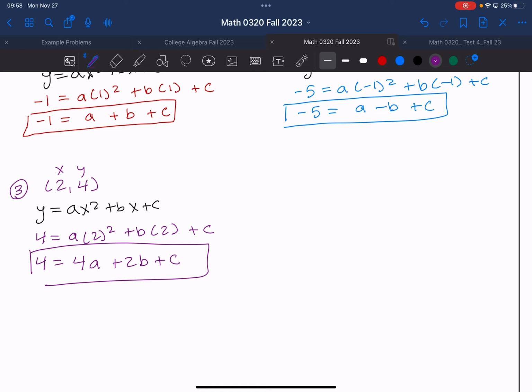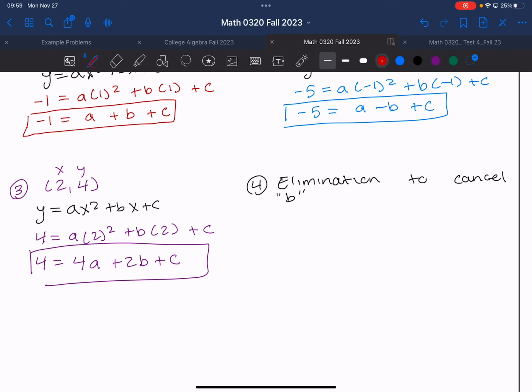So for example, if we were to add the equation in red to my equation in blue, what variable would cancel out? B. So that's what we're going to do. So this is now our fourth equation where we're using elimination to cancel b. Okay.